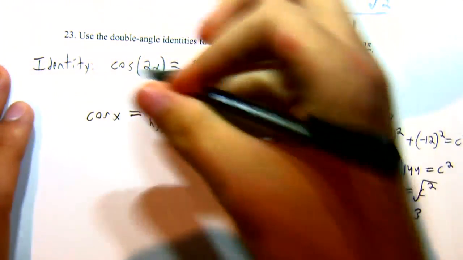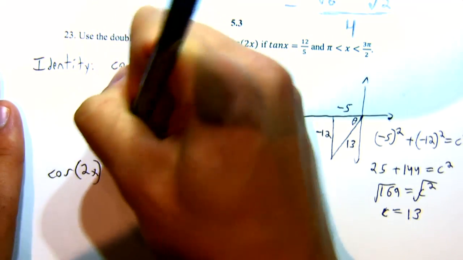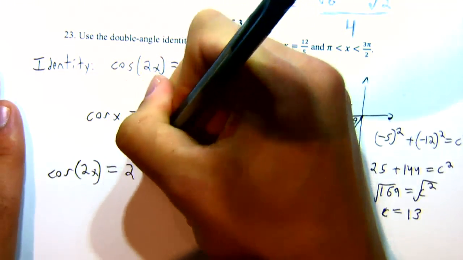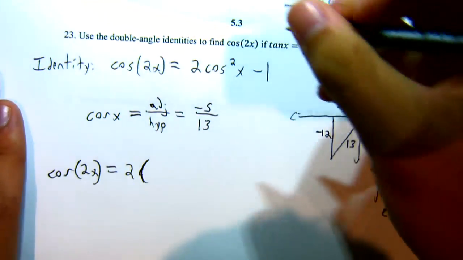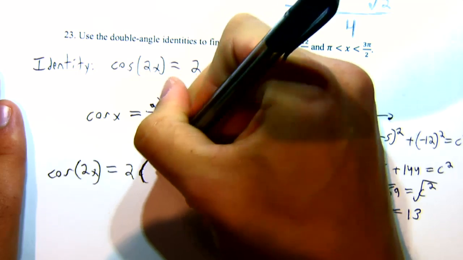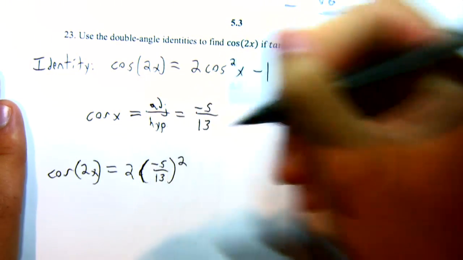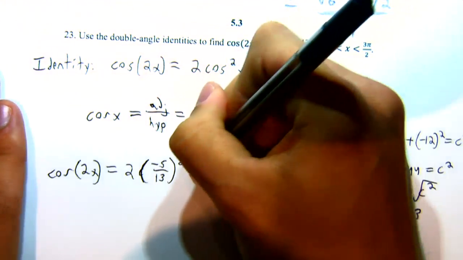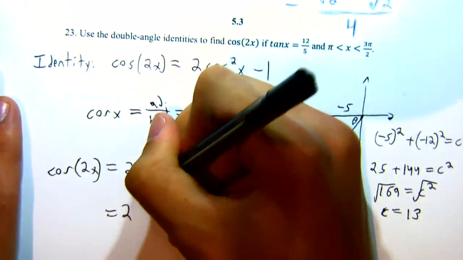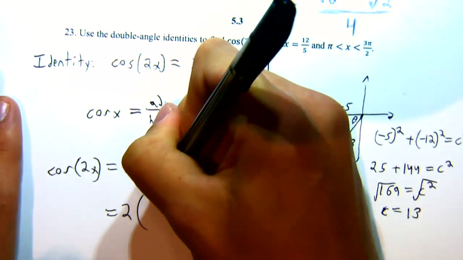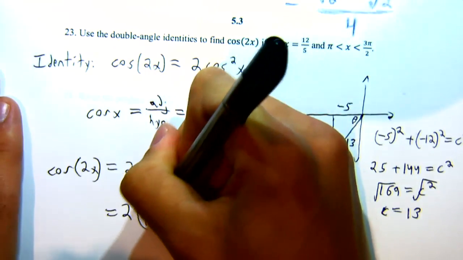And now we use that and plug it into the identity. Over 169.